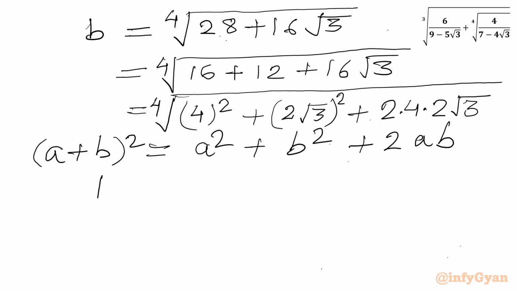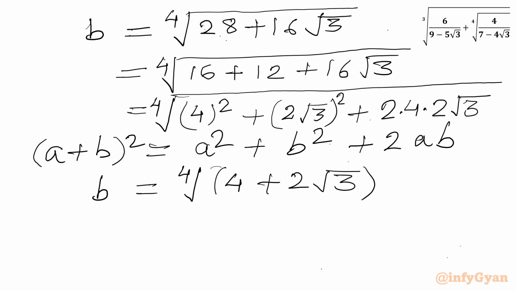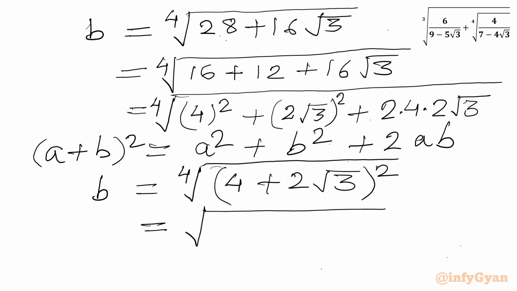So I can write B will be equal to fourth root of 4 plus 2 root 3 whole square. Now we can cancel square with fourth root, so it will be square root left, 4 plus 2 root 3.